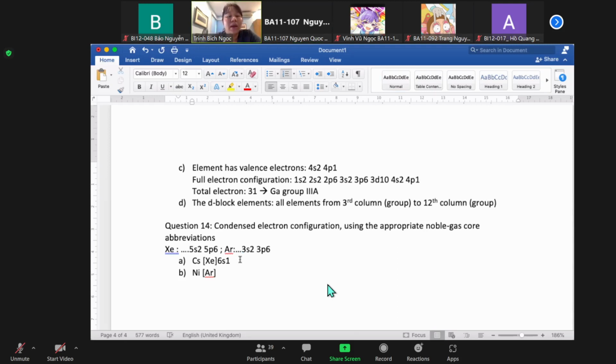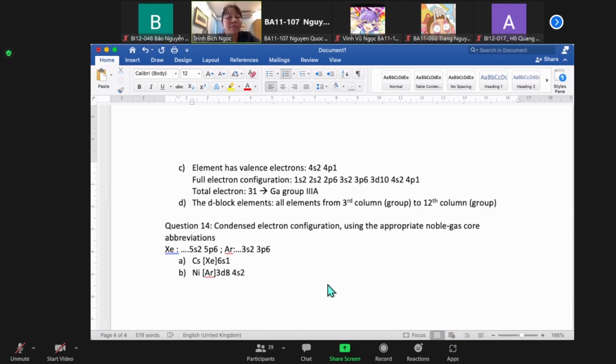So after 3p6 will be 4s2. 4s2, 2 rồi ạ. 3d10, không bị điền nữa. 3d8. Sau đấy ta phải viết lại ạ, 3 trước 4 sau.